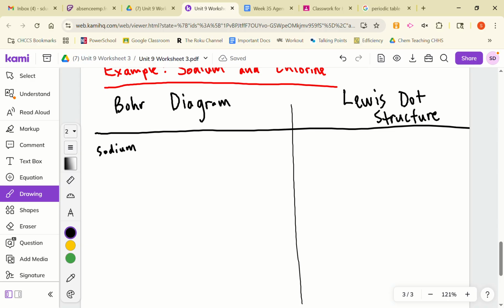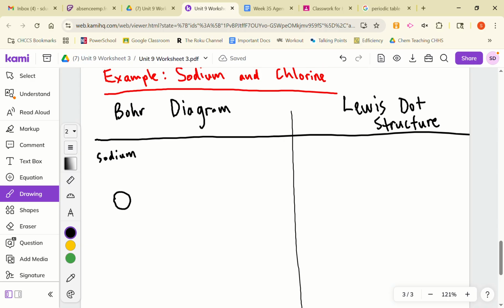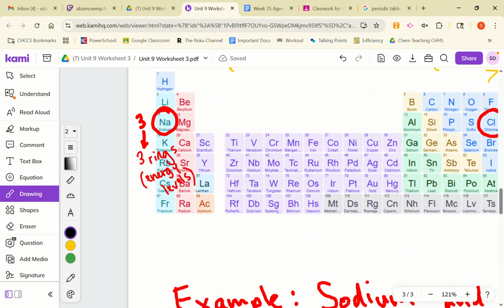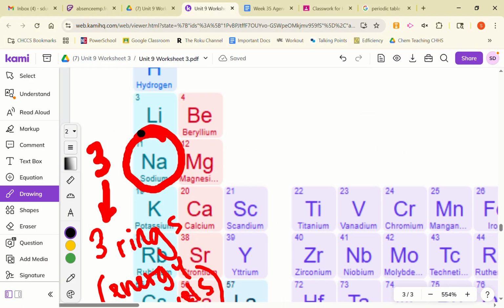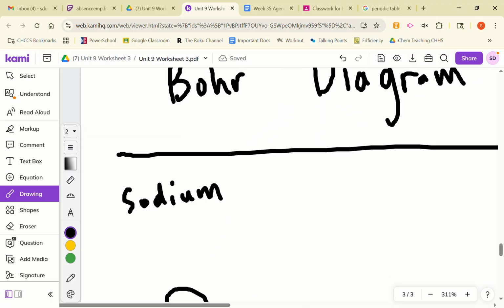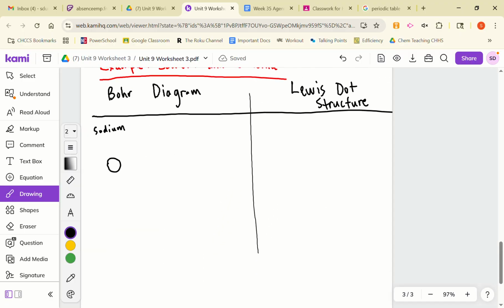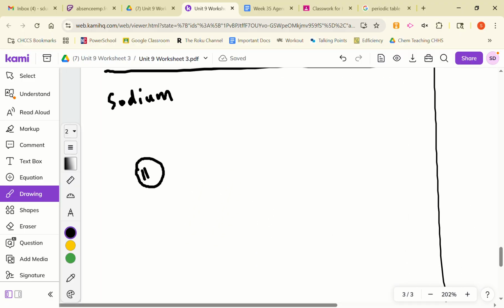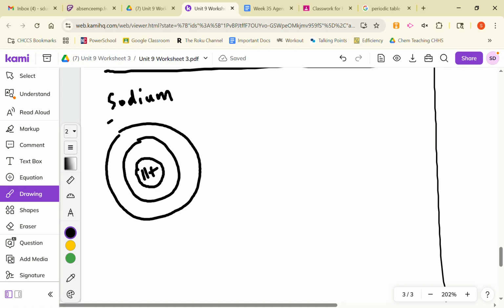And we said that sodium has, if we zoom in, it has 11 protons in the center. And it also has 1, 2, 3 rings.